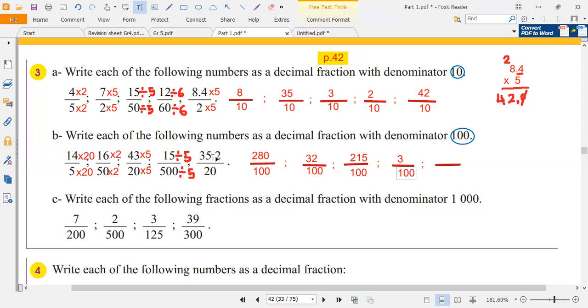Now we have 35.2 over 20. What we have to do to get 100? We multiply by 5. So we multiply this fraction by 5.